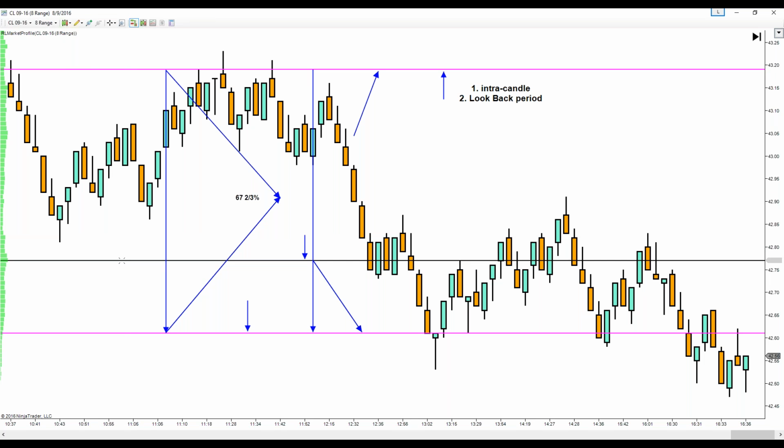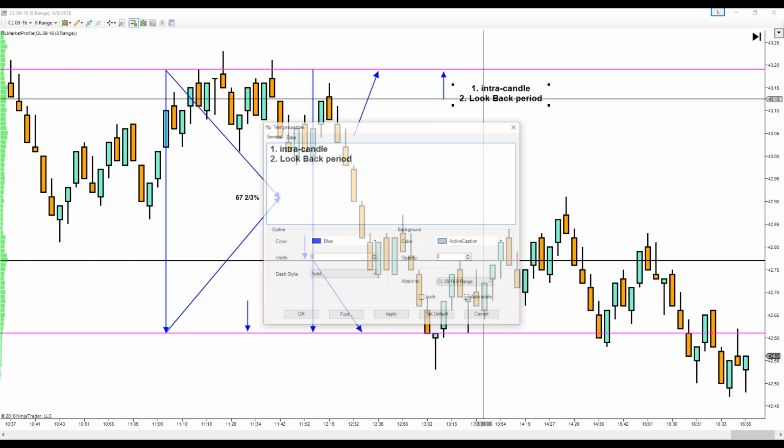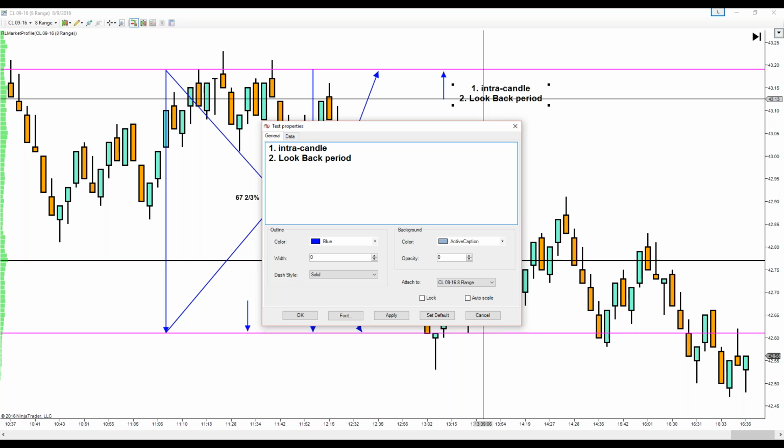So what we did was we set a proprietary look-back period. I can't tell you what that period is, but our market profile looks back a set number of days.